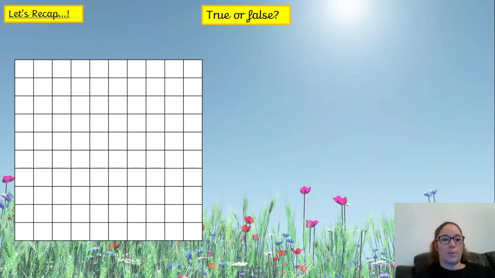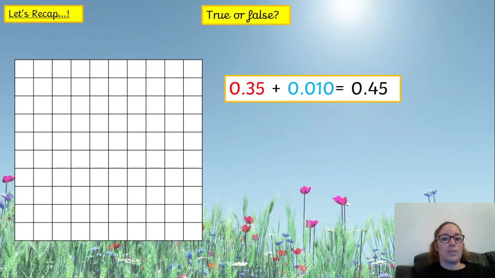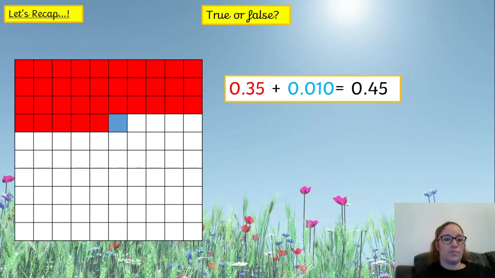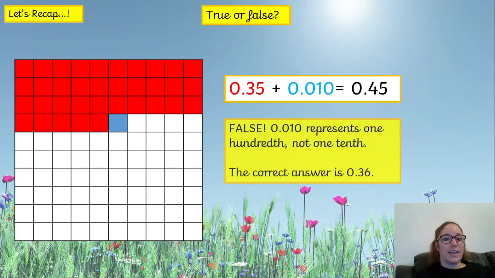Okay, let's try another one. 0.35 plus 0.010 equals 0.45. So thumbs up, thumbs down for true or false. Use the 100 square to help you work it out if you need to. So we've got 0.35 plus 0.10 equals 0.36.